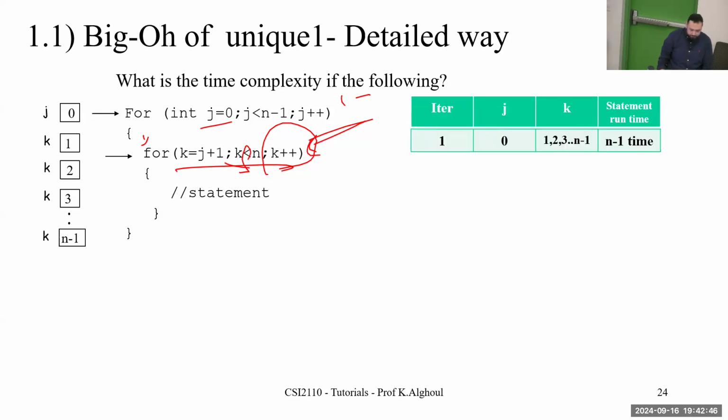Now J. So this is my first one. So what happened here? First iteration. J equals 0 and then K. The first time K was 1. The second time K was 2. The third time K was 3, until n minus 1, right? So how many times did we loop? N minus 1 times. Okay? So technically here, we're looking at this state. Now the next step is J equals 1.